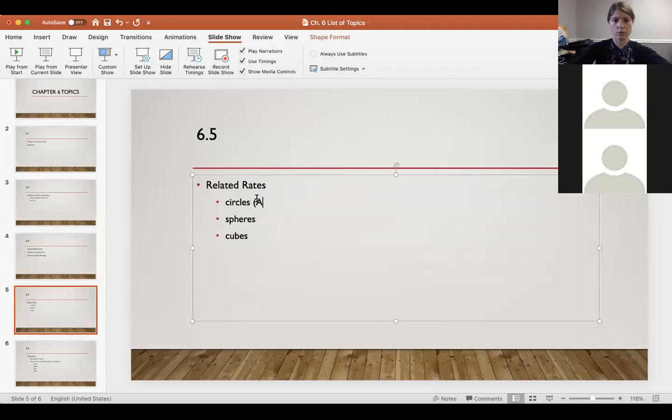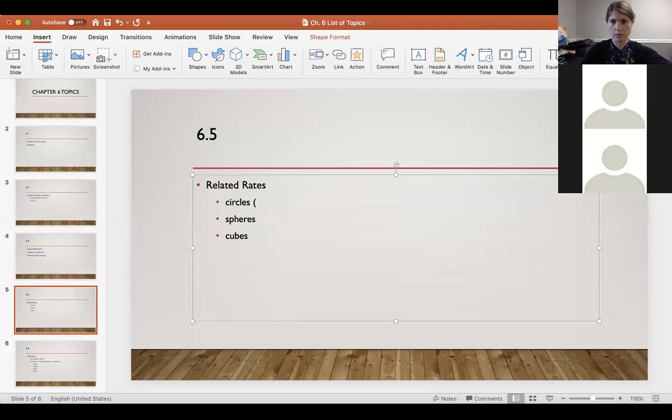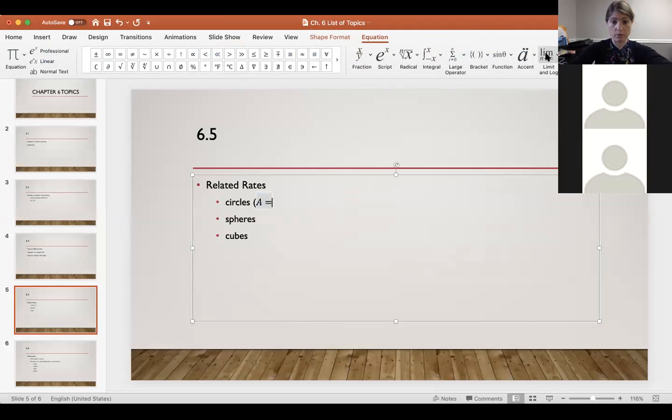For the area of a circle, hopefully it'll let me do this pretty easily here. For the area of a circle, we're just talking pi r squared here. Okay, we're just going to type pi. We're going to be really fancy.